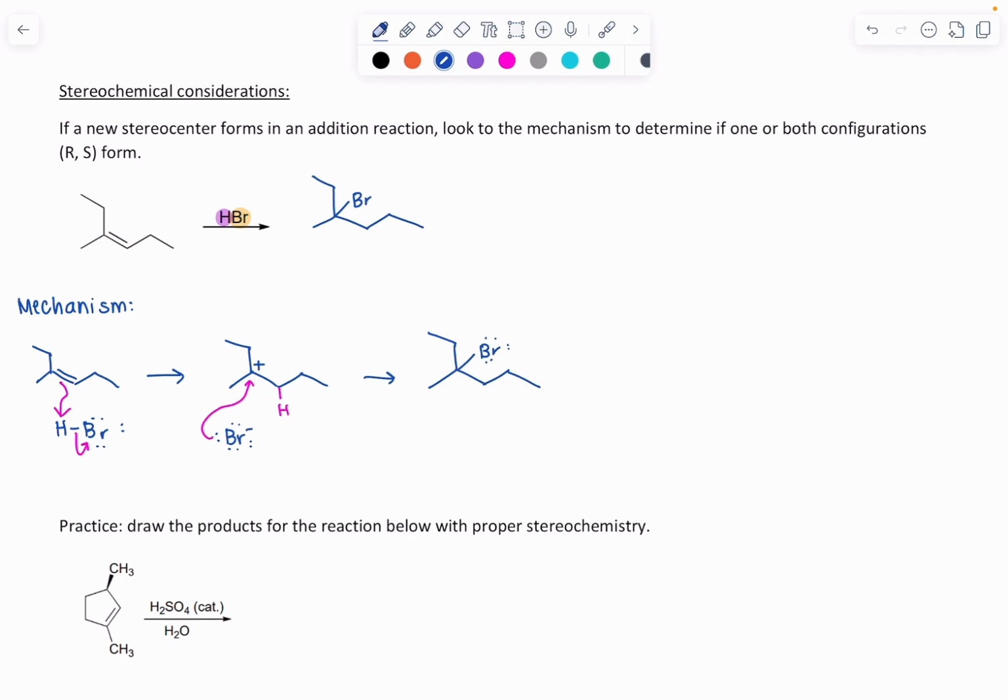Okay, now thinking about stereochemistry. Because this carbocation is planar, I'll put these notes in light blue. Carbocation is planar. So bromide, Br minus, can add, we'll just say above or below that plane, the plane that the carbocation is part of.